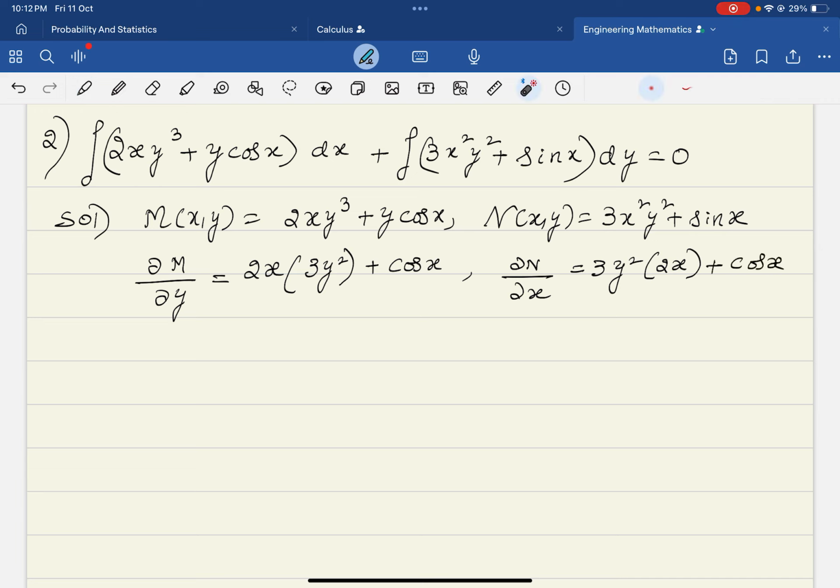Now observe, it is 6xy square plus cosine x, and on the other side also 6xy square plus cosine x. So therefore what you can say, dou M by dou y is equal to dou N by dou x. So it implies that, let us call this equation 1. Therefore 1 is exact.